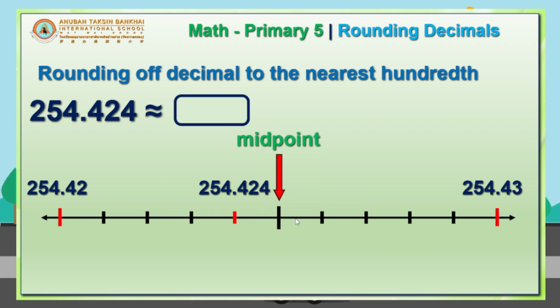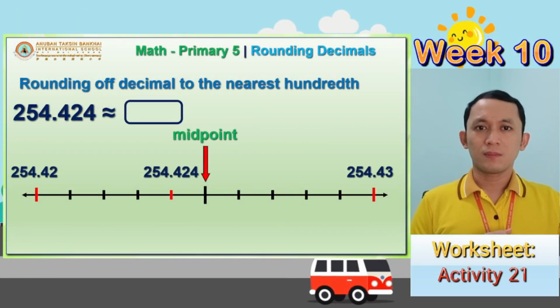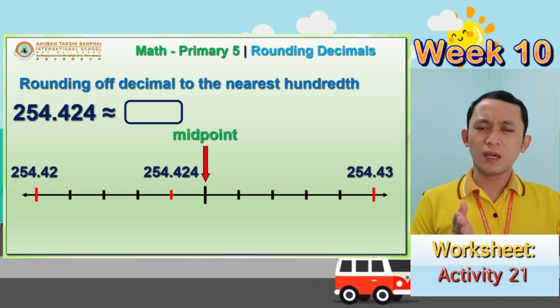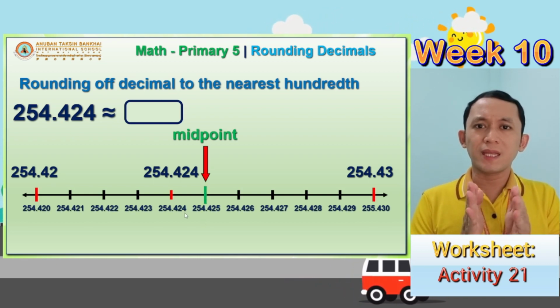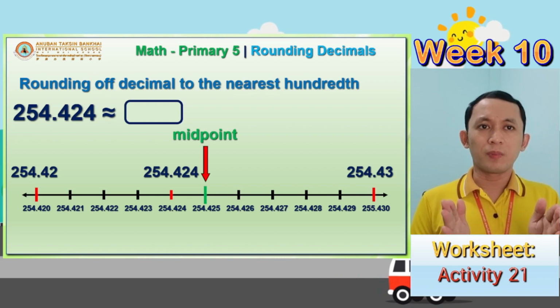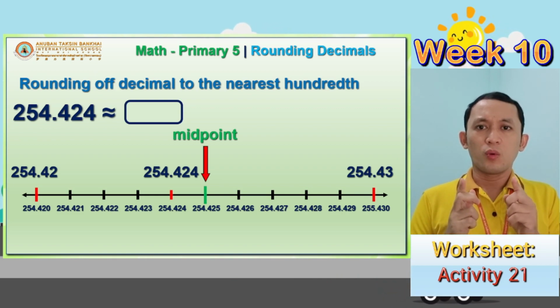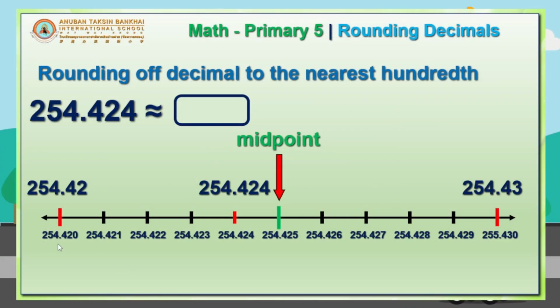When we say midpoint, it's on the middle of our number line. Okay, if you could see here, this is the breakdown of all our numbers, so do not be confused. We start with 254.420. Next we have 0.421, 0.422, 0.423, and so on and so forth.